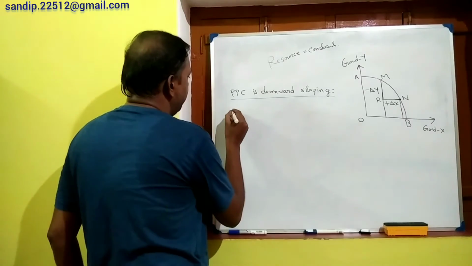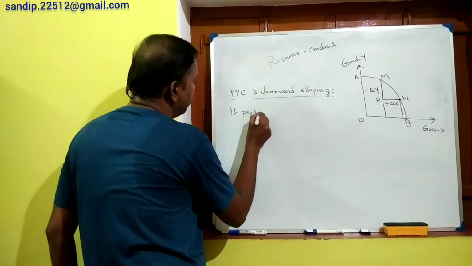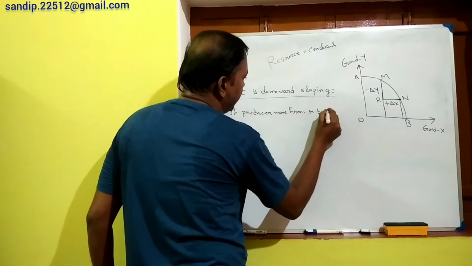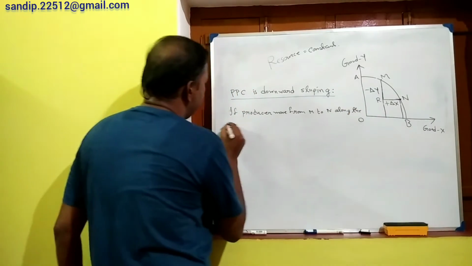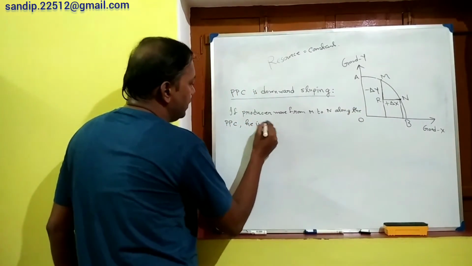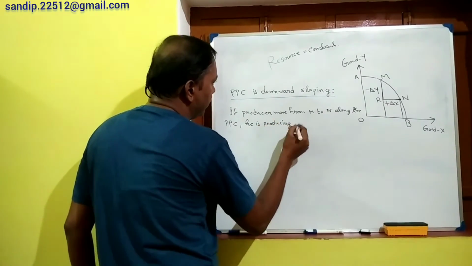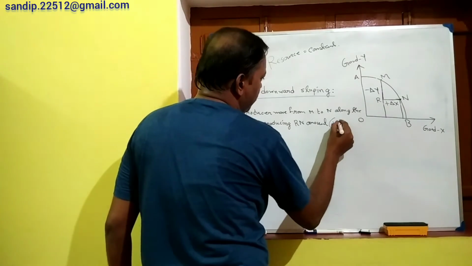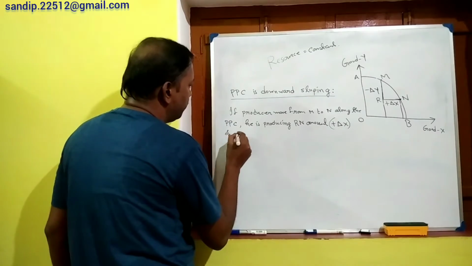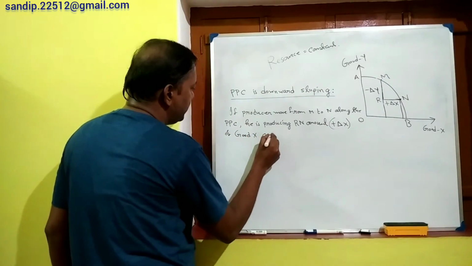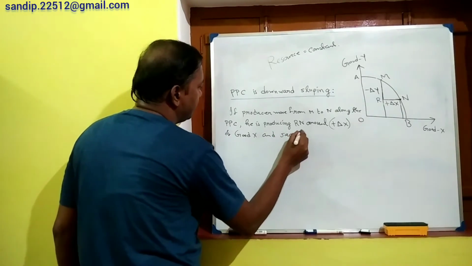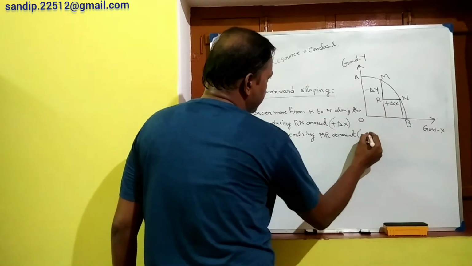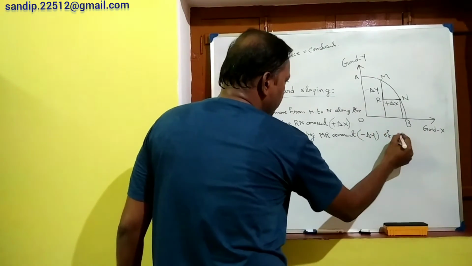So I can say that if the producer moves from M to N along the PPC, he is producing Rn amount, and Rn amount we can also denote by plus delta x of good x, and sacrificing Mr amount, which we can say is minus delta y of good y.